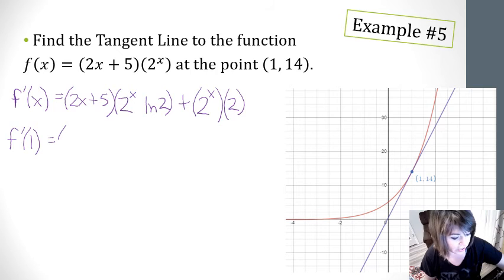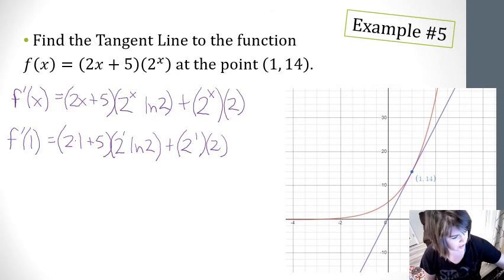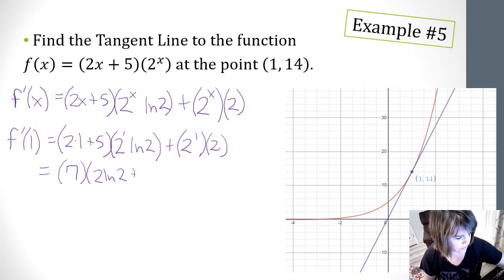So we plug 1 in for x. So 2 times 1 plus 5 times 2 to the first, natural log of 2, plus 2 to the first times 2. And if we simplify that, we will have 7 times 2 natural log of 2 plus 4.